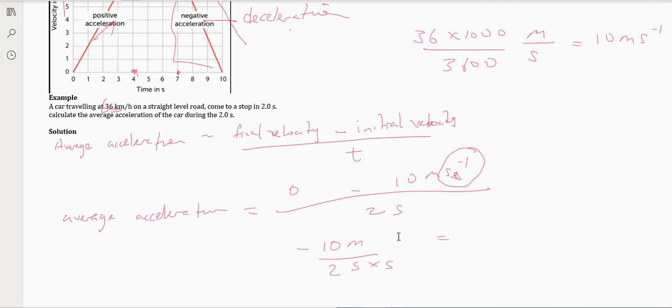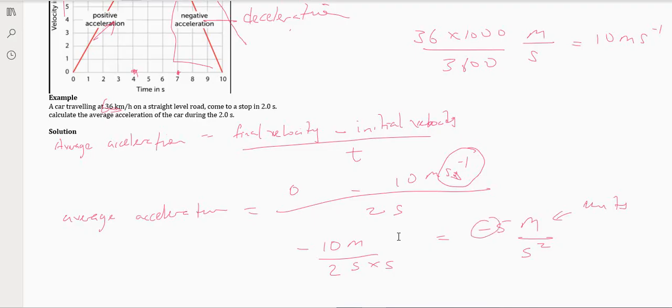And if we do the maths, this is negative 5 meter divided by seconds squared. Hence why we get meter per second squared for acceleration, because we know that this is the unit for acceleration. So this is quite a simple question, nothing hard.